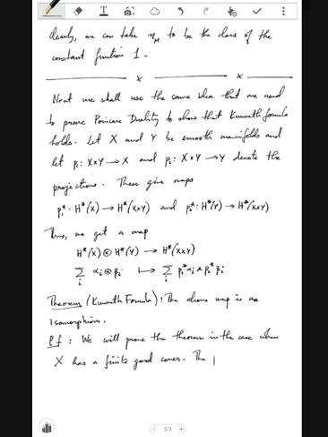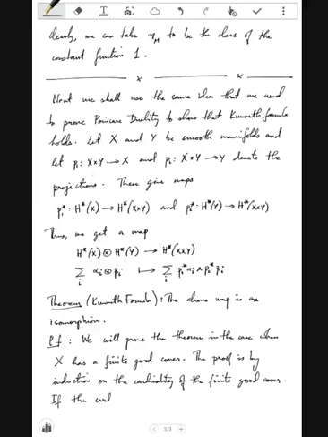The proof is by induction on the cardinality of the finite good cover. If the cardinality is 1, then X is diffeomorphic to R^n.